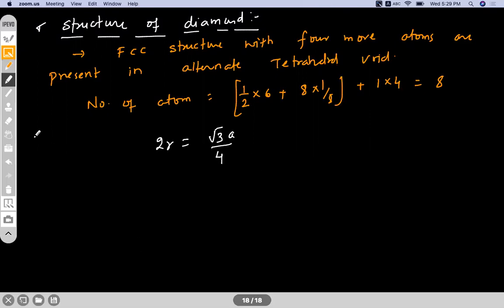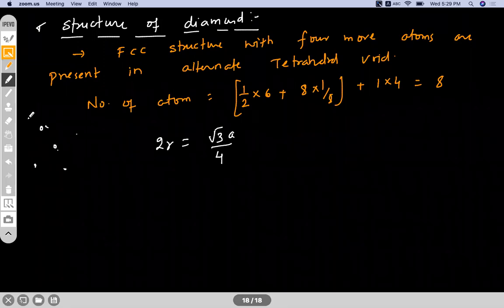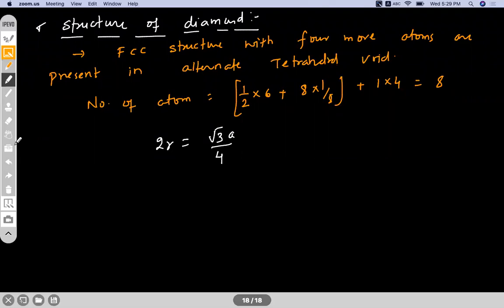So the corner atoms and the tetrahedral voids are in contact, and this is the face center atom. We have 3 face center atoms in the cube, as discussed last class also. So this is the relation of a and r for diamond, okay?